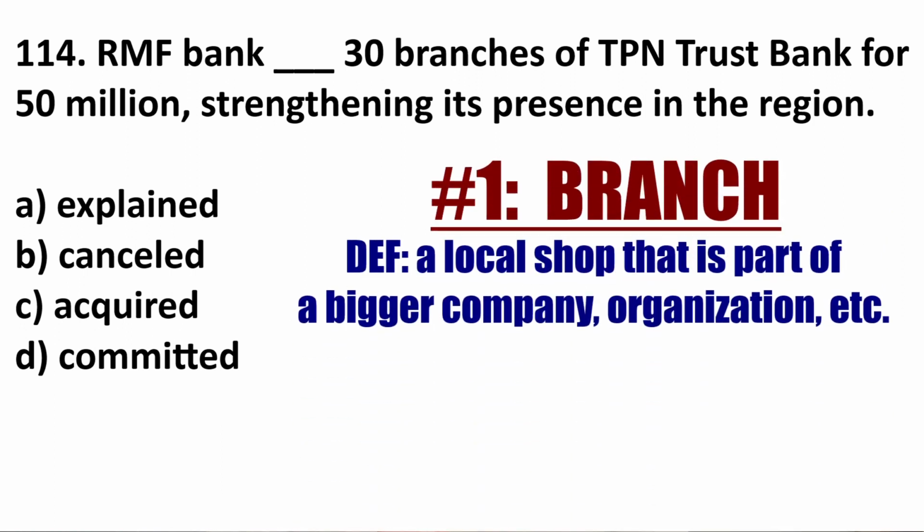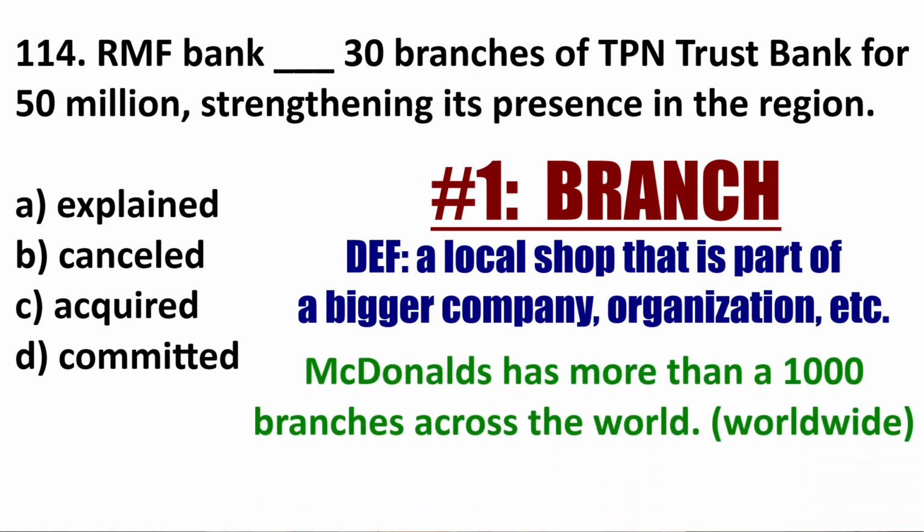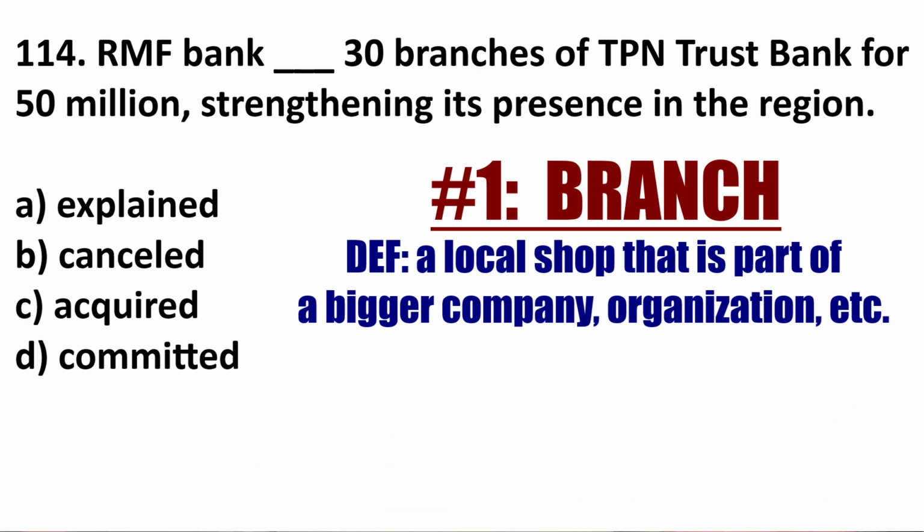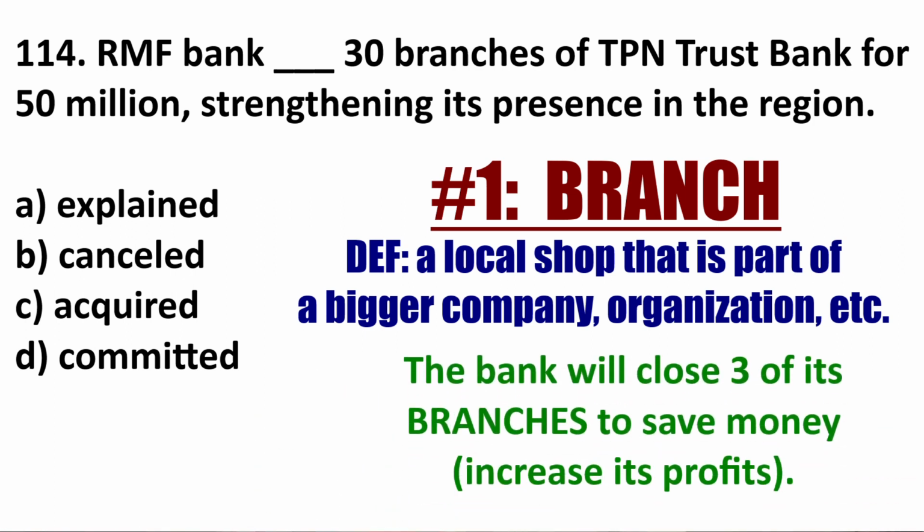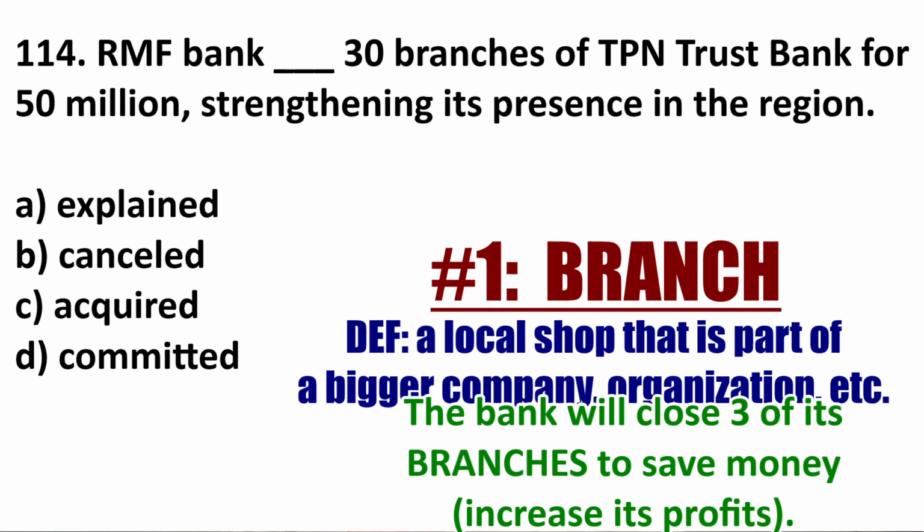A branch is a local shop that belongs to a larger company or organization. For example, McDonald's has over 1,000 branches worldwide. You can find a McDonald's everywhere. Or the bank will close 3 of its branches in the city to save money. So we know the branch is just a local shop connected to a larger company.